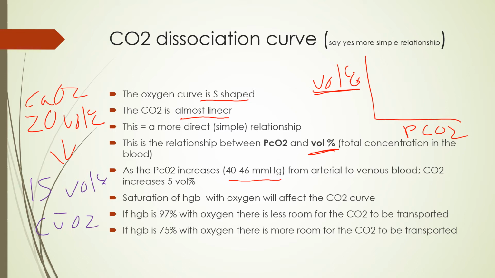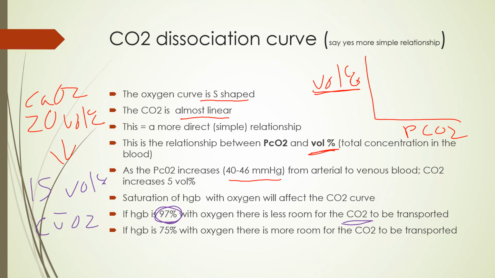So who's taking up those parking spaces in the red blood cell? This was all about a parking war. Crazy, all right? So if the hemoglobin is 97% saturated with oxygen, there's less room for CO2 to be eliminated or transported out of the body because, hey, look at this, we got 97%, we're not letting it go.